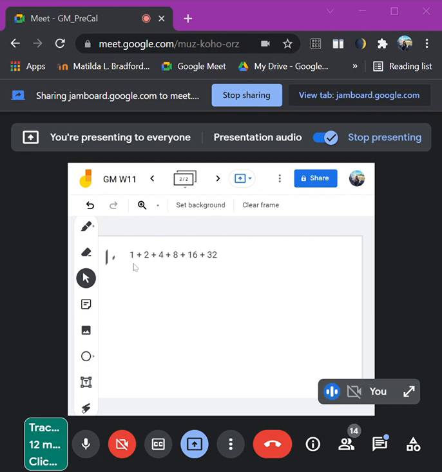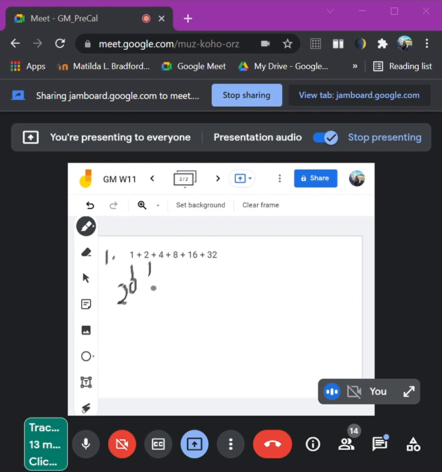So, right, for our 1, you can have this as 2 raised to the power of 0. And 2 raised to the power of 0 is equivalent to 1.